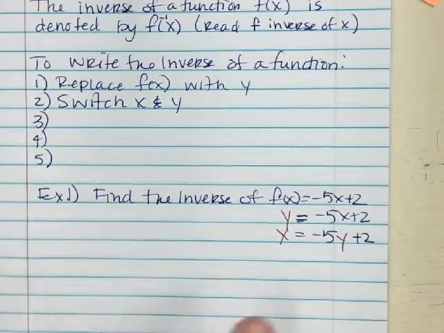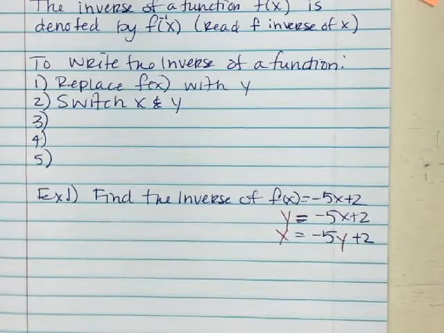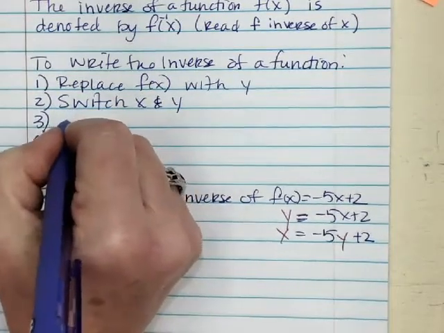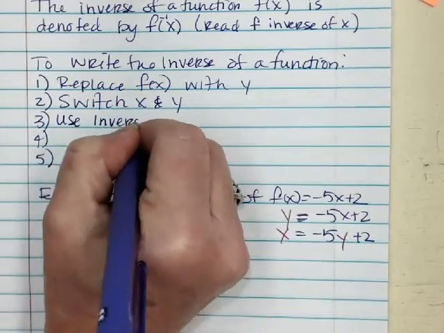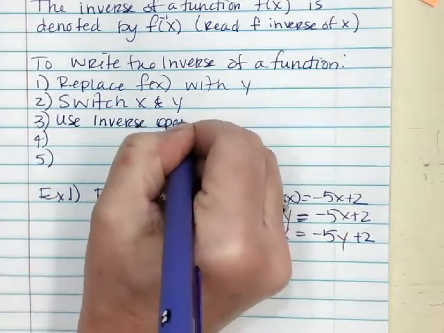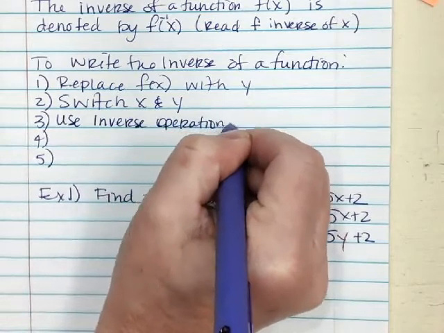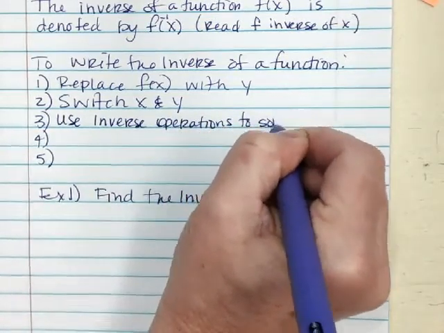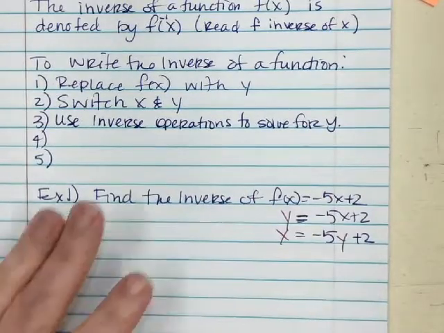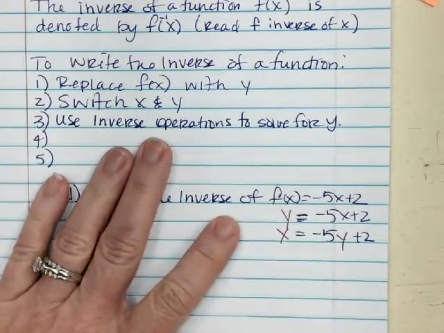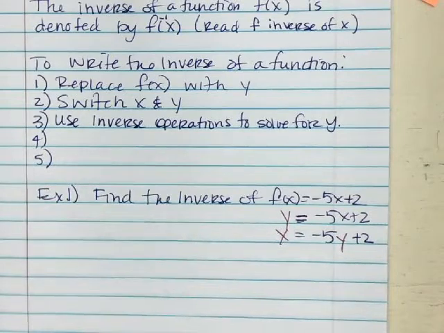And I'm going to just solve it for y. So let's do these inverse operations. That's my third step, to use inverse operations to solve for y. I don't mean that to be anything complicated or confusing, but when I say to use inverse operations, that means undo what's being done.